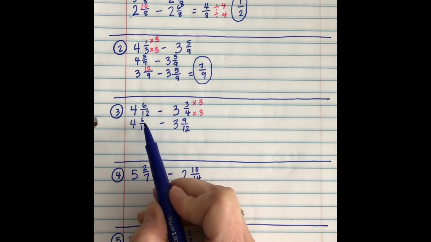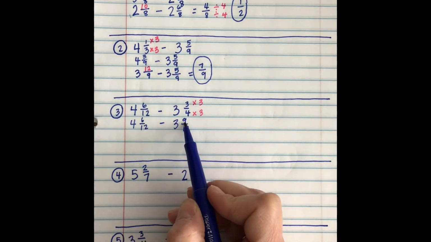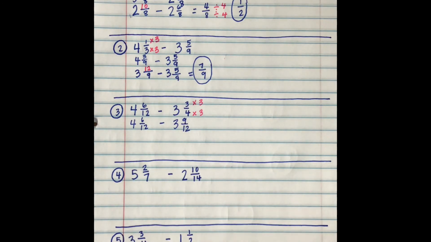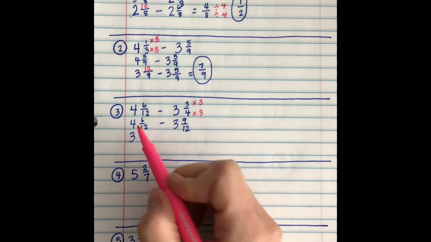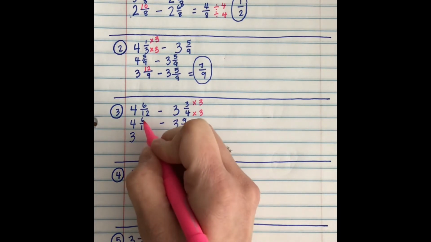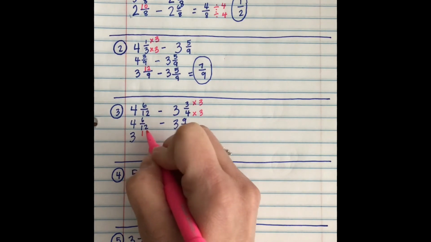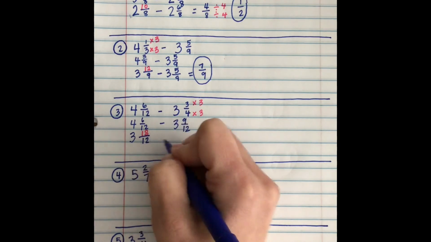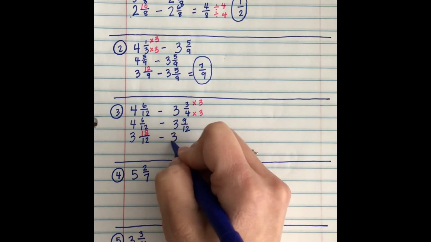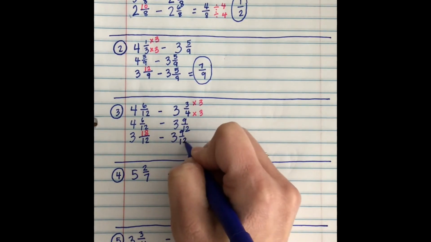So I have that problem again. 6 minus 9, I can't do that. So I have to borrow right here. So that's going to turn into a 3. I'm going to take out an entire 12/12, which means my 6 is going to be added to a 12. So that's going to give me an 18 as a numerator, 12 as a denominator, minus 3 9/12.